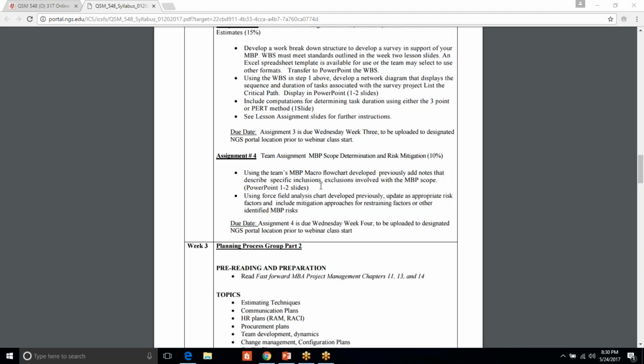Looking at your FFA with appropriate risk factors, and what the mitigation strategies or approaches are that you would implement for addressing restraining factors or other risks that you've identified in your MPB. And this is due before week 4, so that is June 14th. And again, prior to start.